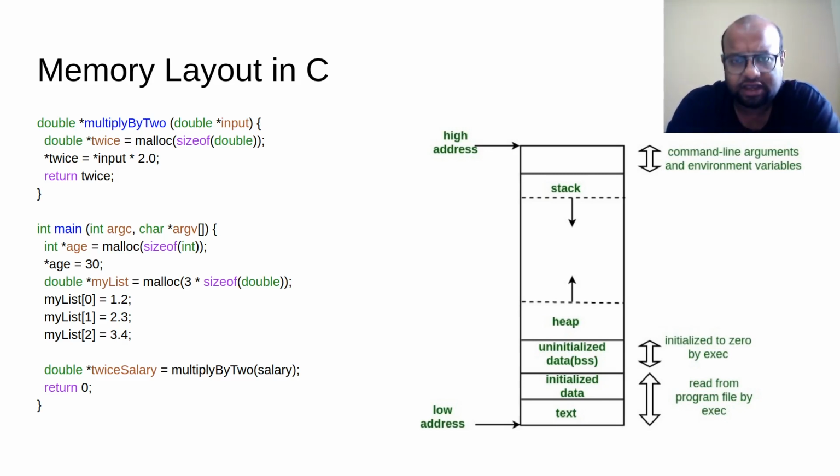So I cannot know beforehand how much I am going to allocate to this array, my list, right? So I cannot say beforehand to my compiler that this is the memory that you have to allocate to me. So this is what I have. I am allocating memory in the heap. How do I allocate memory in the heap? I allocate memory by writing malloc.